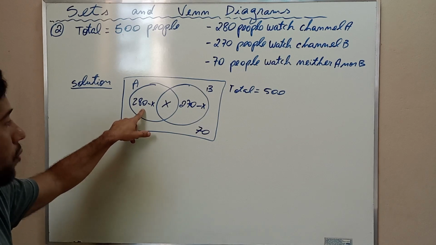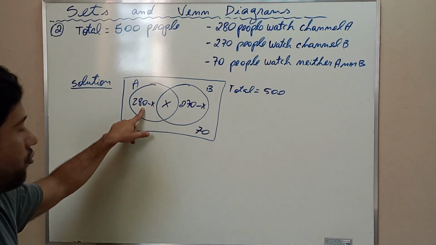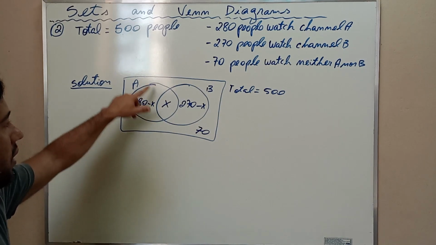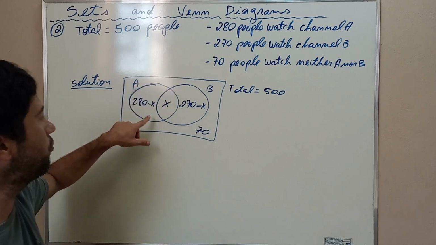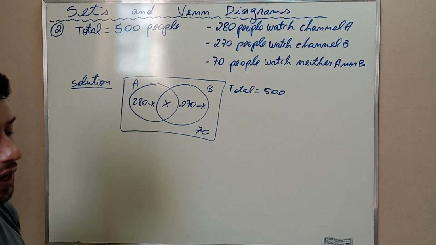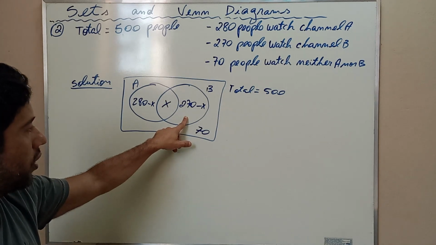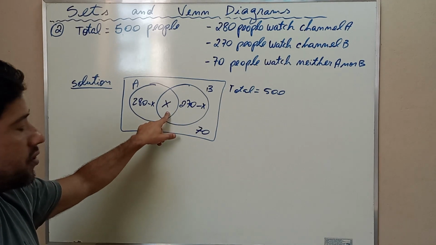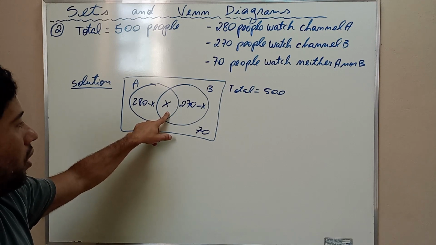And if we sum 280 minus X plus X, it is 280, and 280 is the number of people, as the exercise informed us, that watch channel A. The same was done for channel B, okay? X is the number of people that watch both channel A and B, alright?